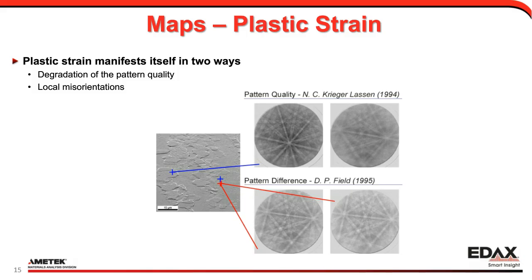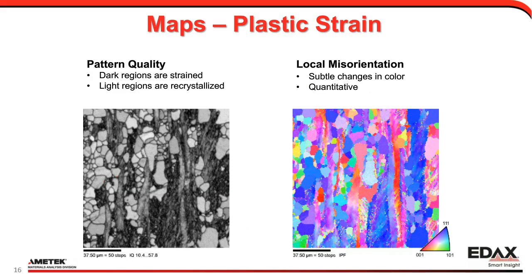So this shows up in the maps in a couple of different ways. If we focus on pattern quality, you'll notice in this map, which is a partially recrystallized material, the dark regions are the strained areas and the light regions are the recrystallized grains. That is quite apparent, but it's also apparent if we look at changes in orientation.